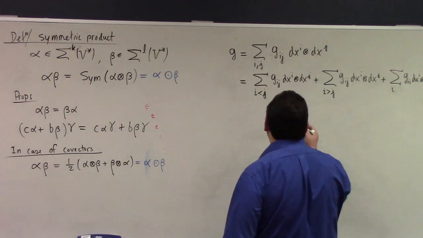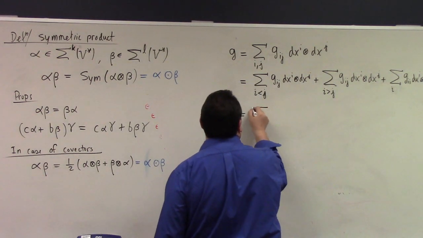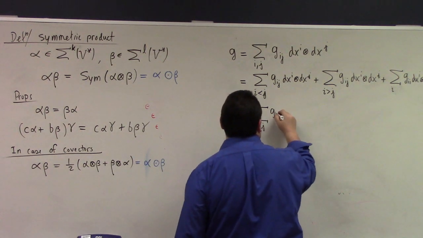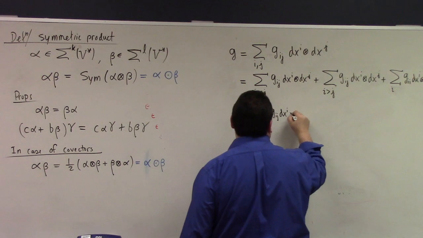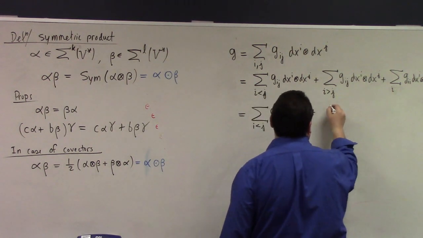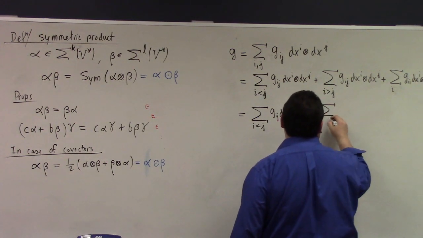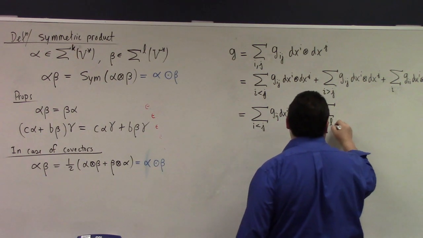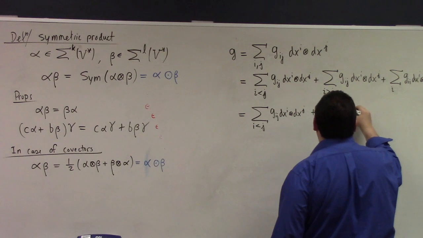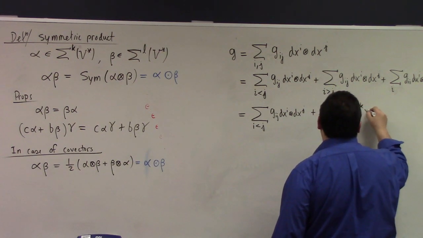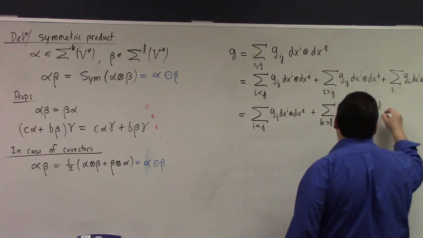So I can say that's really the sum over i less than j of g_ij dx^i tensor dx^j plus, let's relabel the index, say k greater than l, and then we'll have dx^k tensor dx^l.